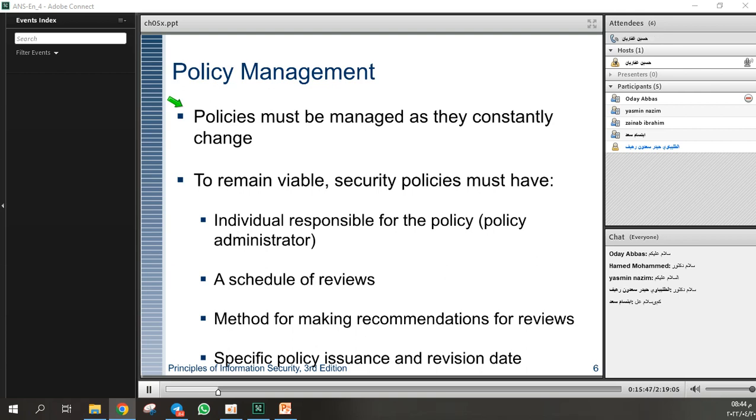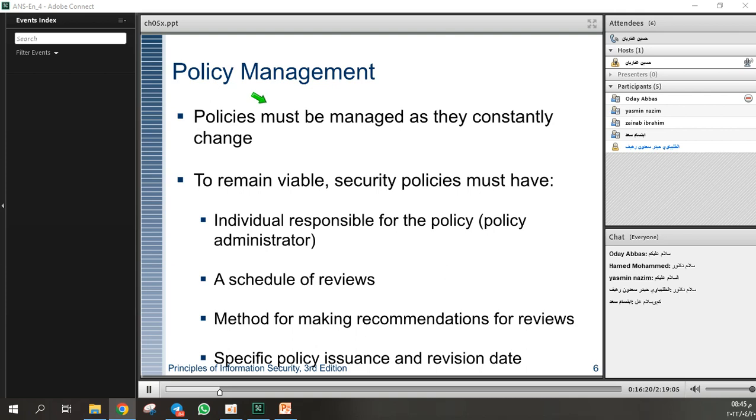So one of the most important topics when we talk about information security in our organization is policy management. We need some people to manage the policies. Why? Because those policies mostly need to be updated.